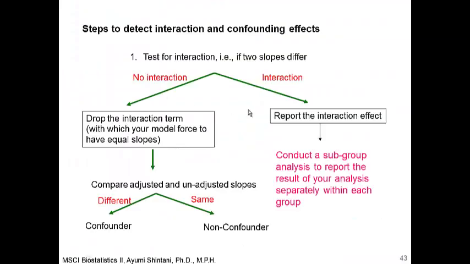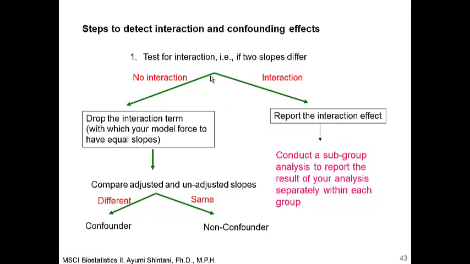Okay, so this slide summarizes the steps to assess interaction. So first, include the cross-product term in the analysis. And if the interaction term is statistically significant, report there is interaction. That means the two slopes, the effect of BMI, are different between age groups.